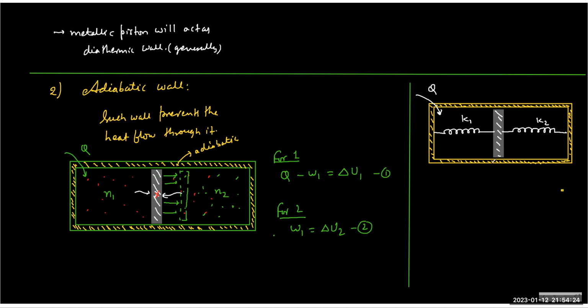Once you give the energy, the gas in the left compartment will try to expand, and the piston will move slightly towards the right. So who is losing energy by virtue of work? The left compartment gas or the right compartment? Left one, sir. Which gas will do the work transfer? The left one.